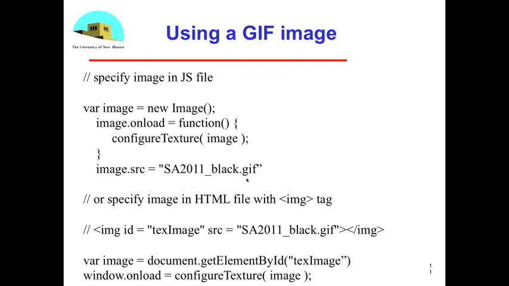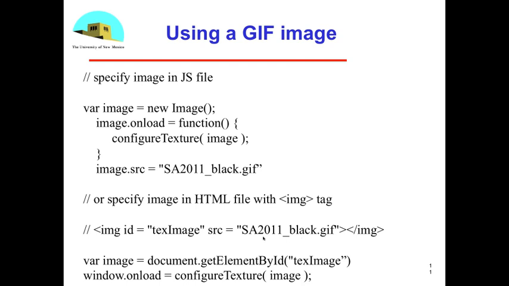You can also do it, which would be more consistent with the approach that we've taken, by having that image defined within the HTML file rather than the JavaScript file. So you can use the image tag, give it an ID, which you can refer to back in the JavaScript code. The source is again that file for that image.